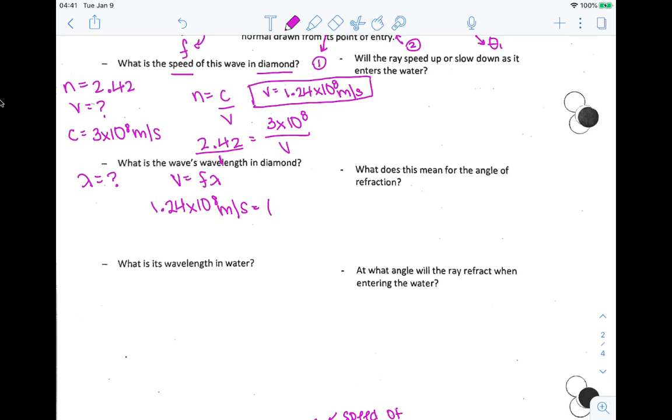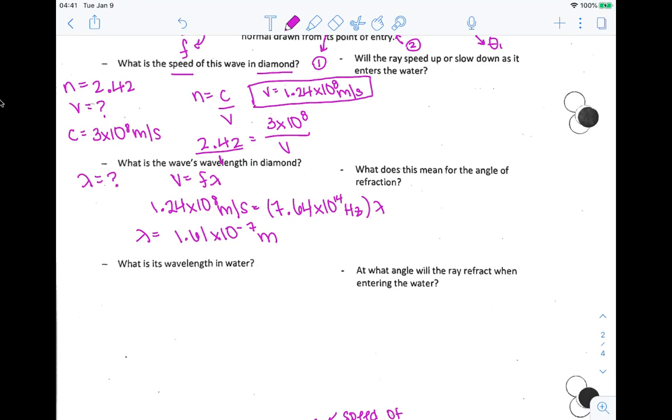I know my frequency is given to me in the problem, which is 7.69 times 10 to the 14 hertz. And we are solving for wavelength. Solving for wavelength, we end up with 1.61 times 10 to the negative 7 meters.